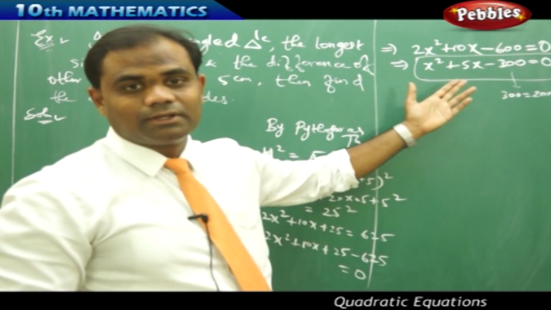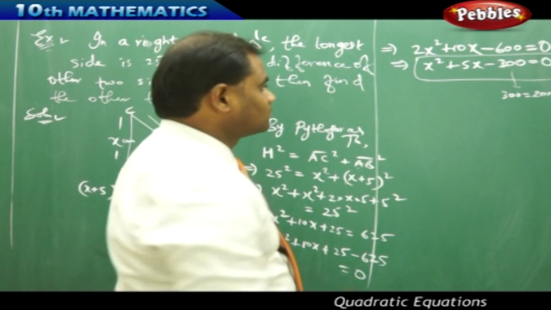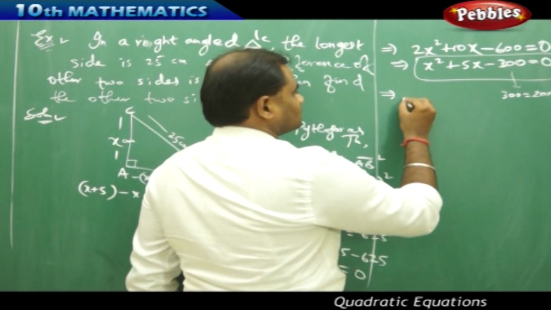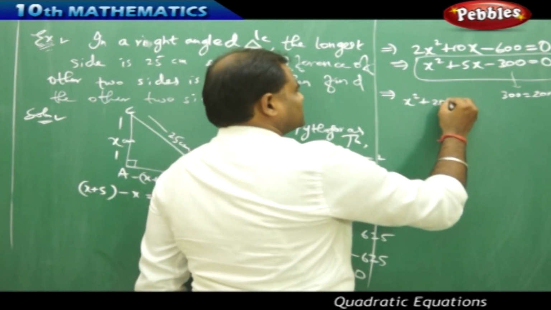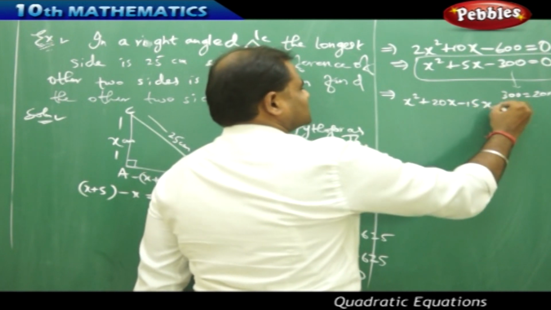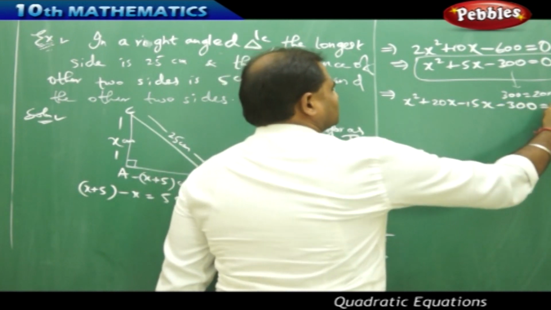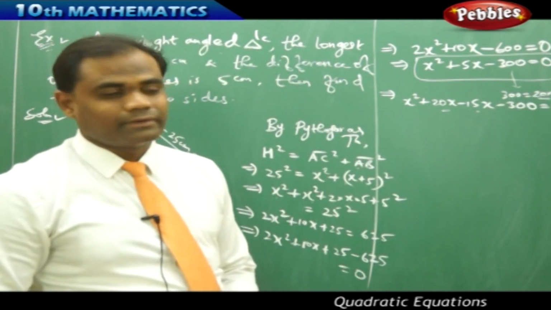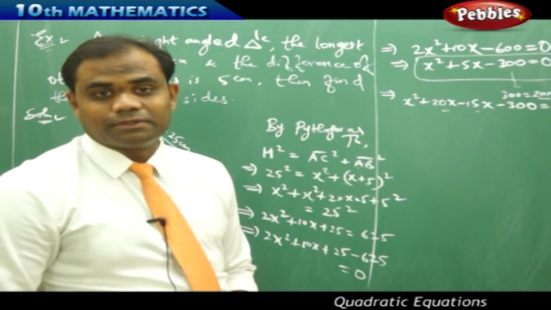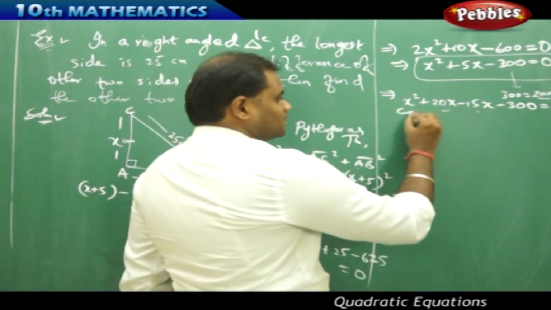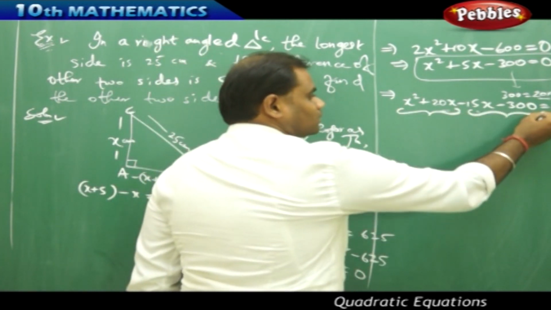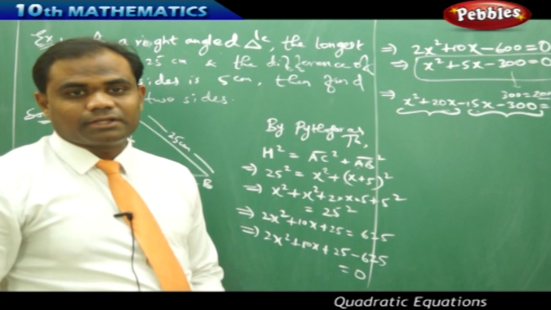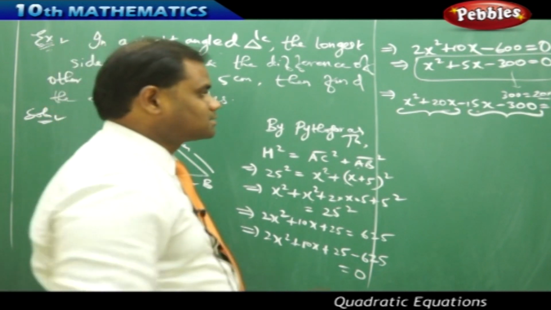So as a recap, we had to factorize this, which gives me x square plus 20x minus 15x minus 300 equal to 0. So each of this is obtained from the factors of 300 as 20 times 15. Now let them be paired, pair 1 and pair 2, so that in pairs again I take something common.